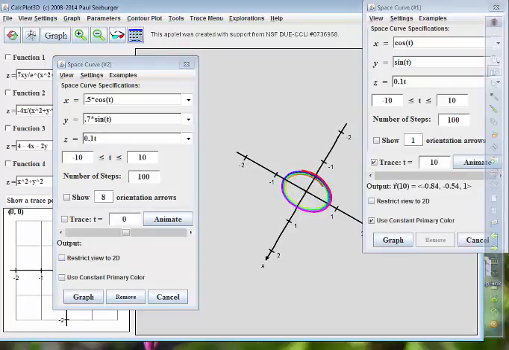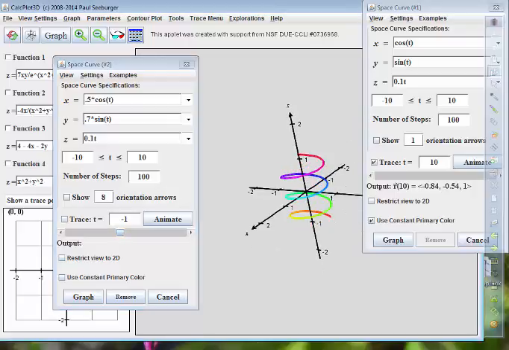Okay? You can control the tracing, the animating by this, so you can see exactly where it's going at any particular point t.